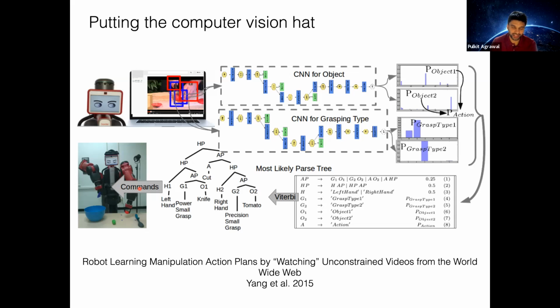Now, what has improved in the past 5 to 7 years is that object detection technology has improved quite a lot. Human hand pose estimation has improved quite a lot. Because of those successes, some of these techniques work much better than what they used to maybe 10 years ago or 20 years ago.